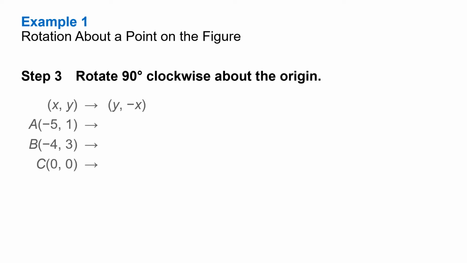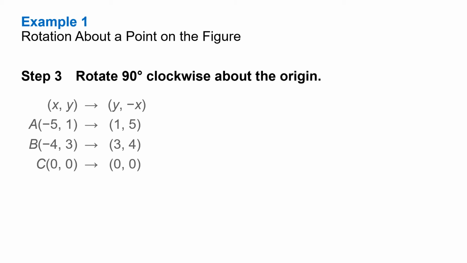Step number 3 is to use our rotation rule for 90 degrees clockwise about the origin to find the new location of our translated points. So the new location of A is going to be 1, 5, because we switched the x and the y coordinate and we took the opposite sign of the x coordinate.